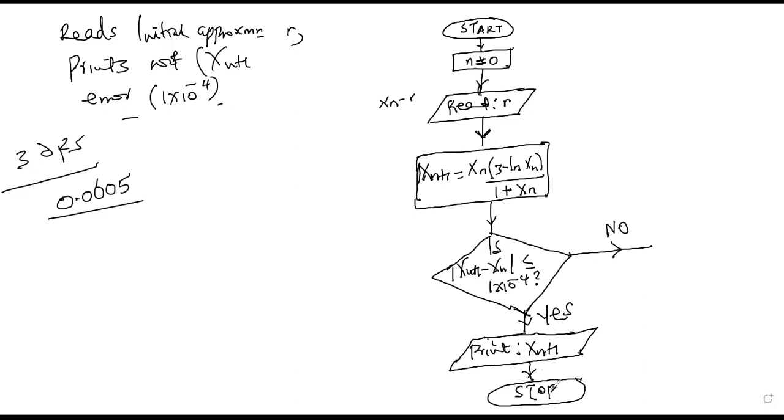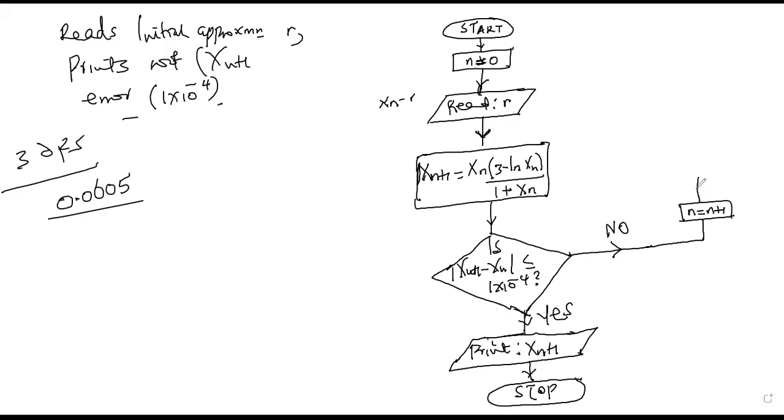But in case the machine tells you, no, it is not yet over, you have to come and increase the number of iterations. One can say n, you increase to n plus 1.